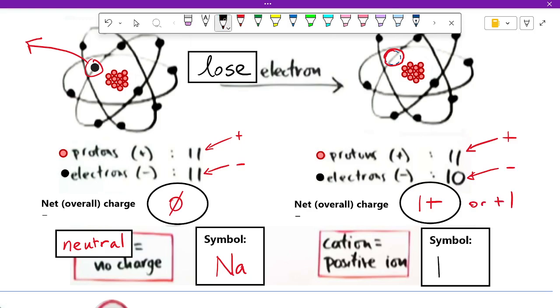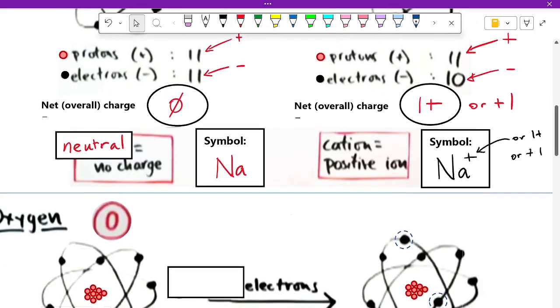And the symbol is just Na. And what's our favored way of writing a positive 1? Just at the top right corner, and we just write a plus. Or 1 plus, or plus 1. Okay, whatever floats your boat, whatever you like.